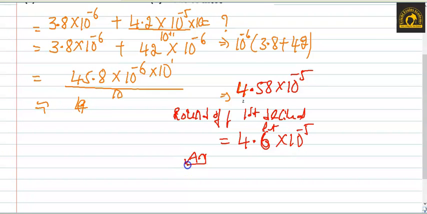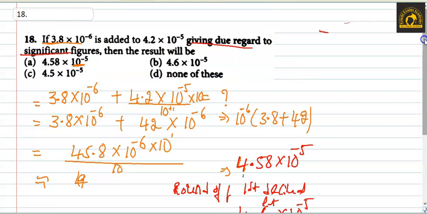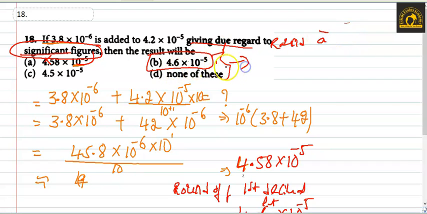This is the answer for this question. Most of the students take the answer as A, but this is not correct according to the significant figures. You have to round up the number after the decimal point, depending upon the options given.